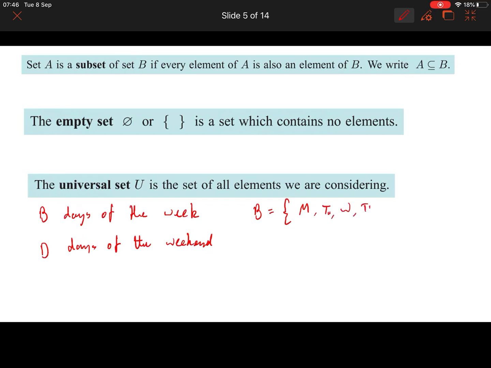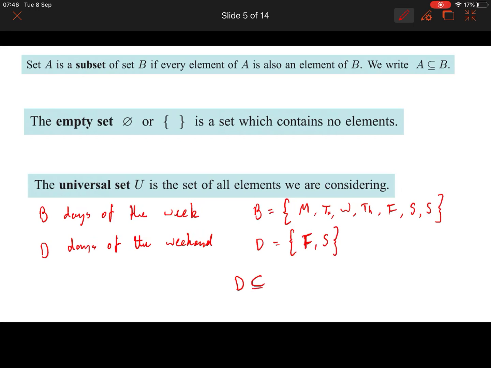So B is equal to, let's just use letters, Monday, Tuesday, Wednesday, Thursday, Friday, Saturday, Sunday. And set D, since we're in Oman, the weekend is Friday and Saturday.